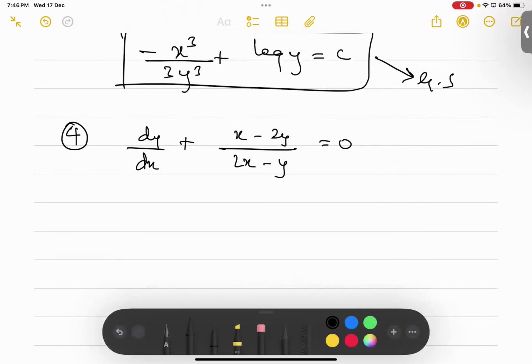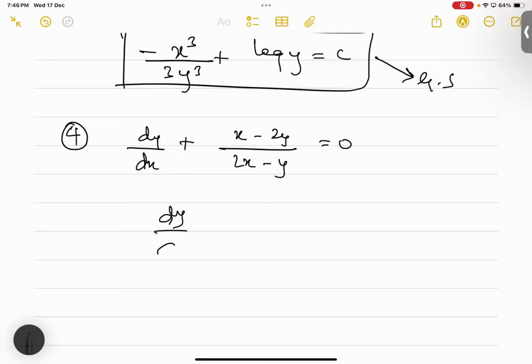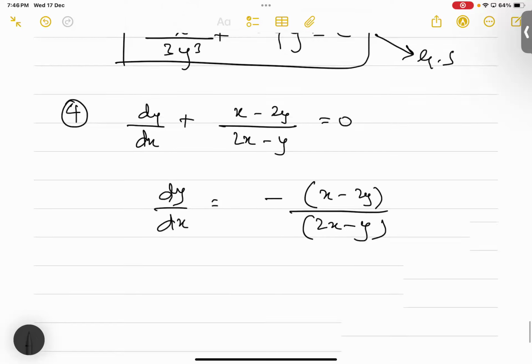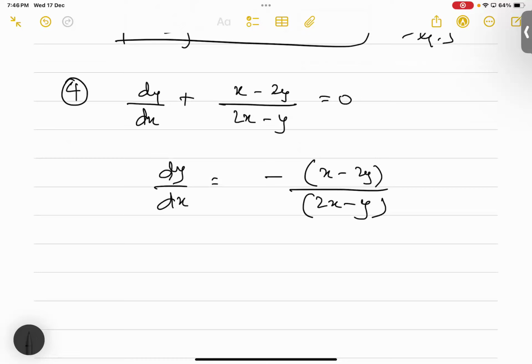So what is dy by dx? x minus 2y upon 2x minus y. Why minus sign? Now, individual terms, what is the power? 2 is a constant. Individual terms, the power is 1. So what?